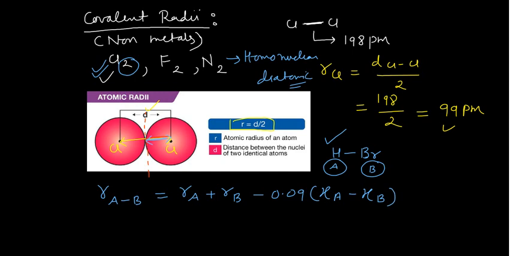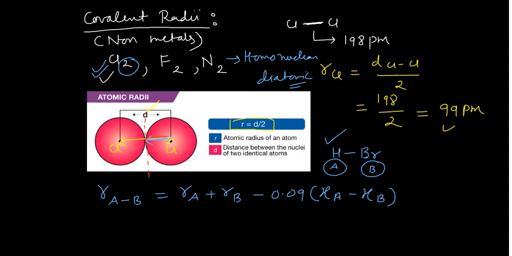This is the formula given by a certain expert. Unfortunately, I didn't remember that particular name. It's not good, we should remember the names of the experts who contributed in the field. Sorry for that. So this is the formula.